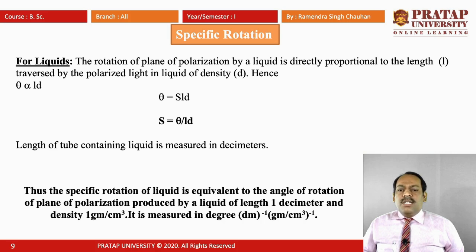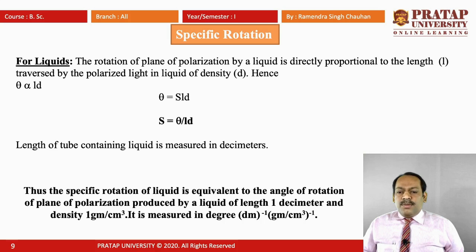So, S is equal to theta upon LD, and in this way we can determine the specific rotation for liquids. When light of definite wavelength passes through a liquid optically active substance of density 1 gram per cc, or 1 gram per centimeter cube, and for a length of 1 decimeter, then the angle of rotation of the plane of polarization is equal to the specific rotation.